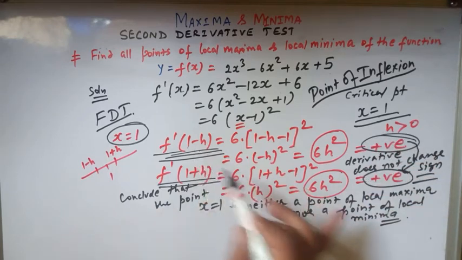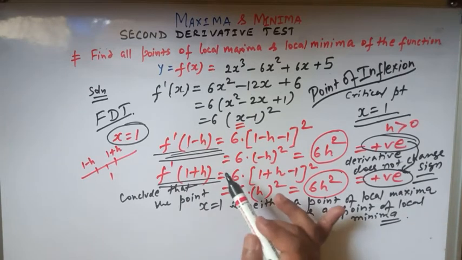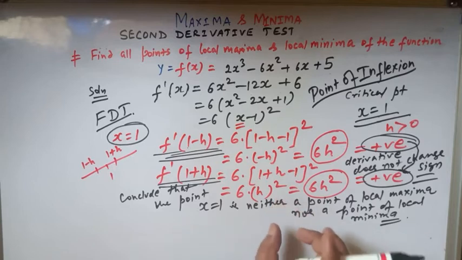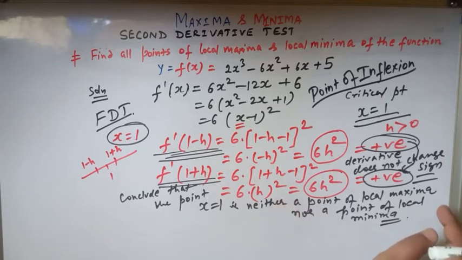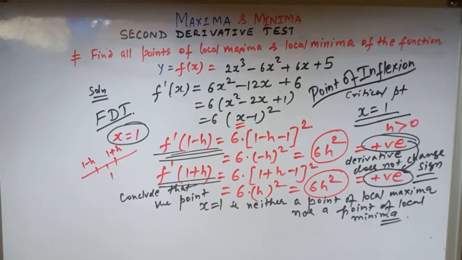So the sign does not change. Clear? Hence we say that such a point is neither a point of local maxima nor a point of local minima. Clear? And such a point is known as point of inflection. Clear?